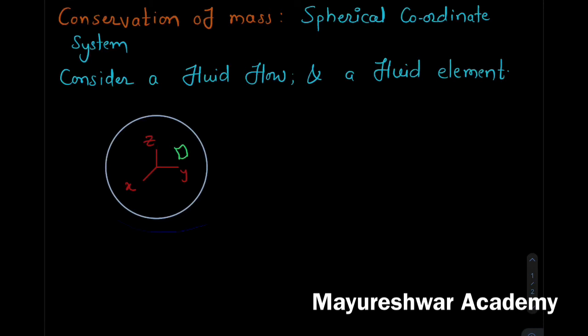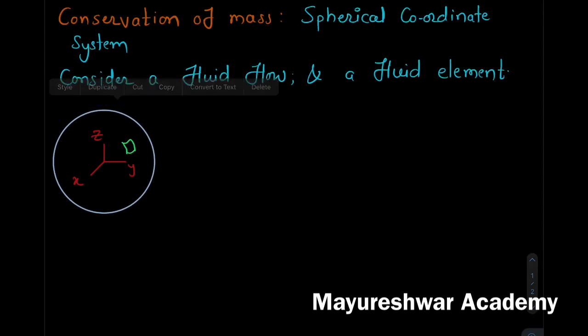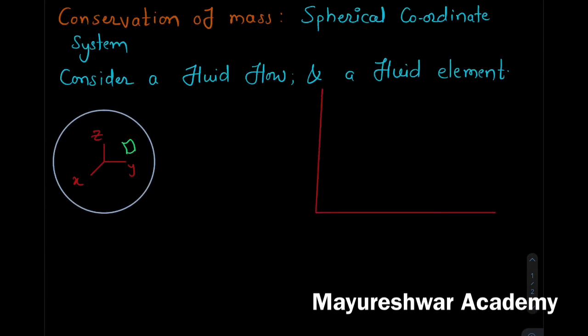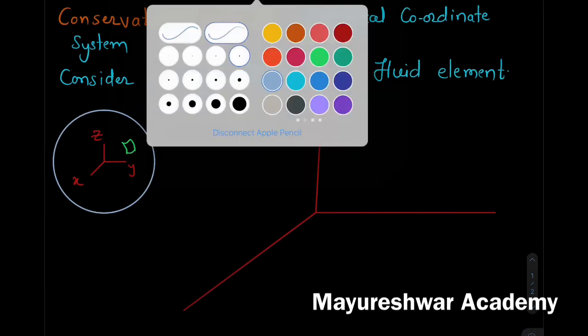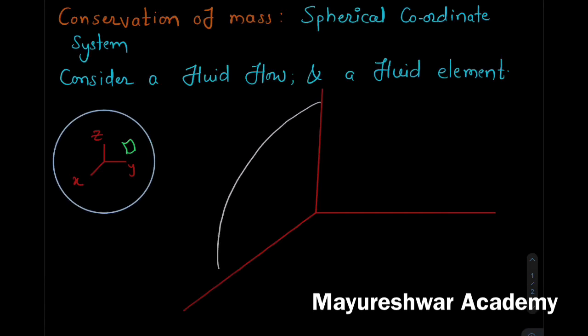Let us shift this aside so that now we are going to model the 1/8 spherical shell of this element. Let us say these are x, y, z coordinates, and now let us try to model that 1/8 piece of that shell and try to identify the component of the element onto it.